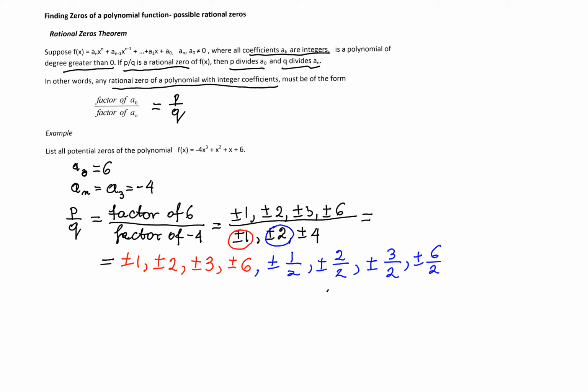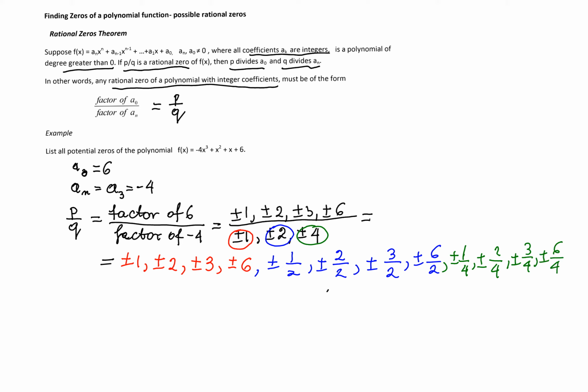Now, if I choose plus or minus 4 from the denominator, my numbers are going to be plus or minus 1/4, plus or minus 2/4, plus or minus 3/4, and plus or minus 6/4.